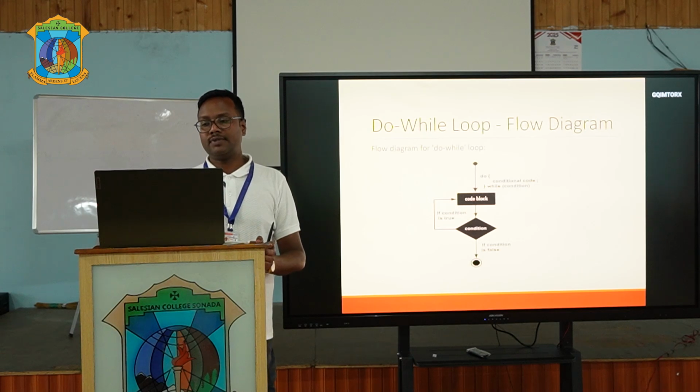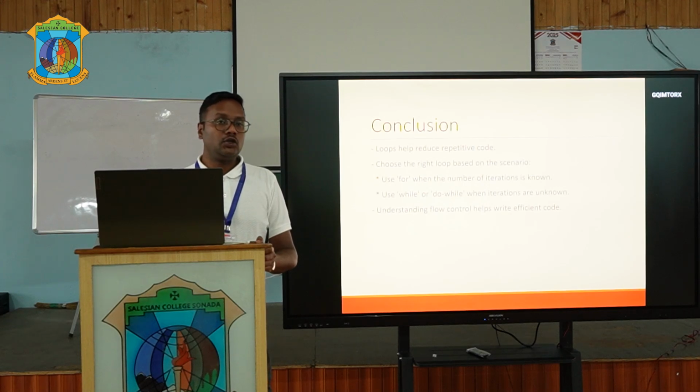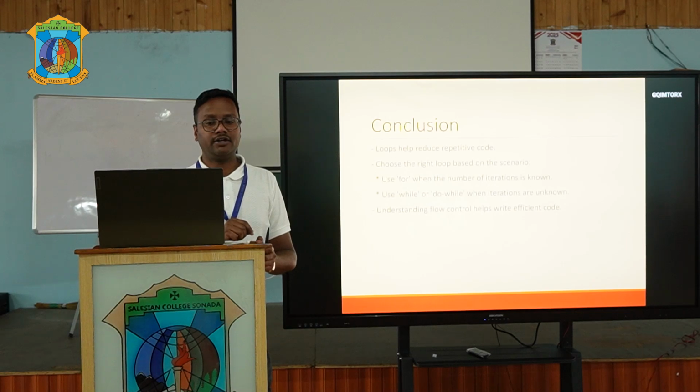Now to sum it up, the conclusion of this lecture is that loops are basically used to do repetitive tasks. It is going to reduce your code complexity, and the number of lines of code will get reduced. Now the students are confused on what scenario we need to use what kind of loop.